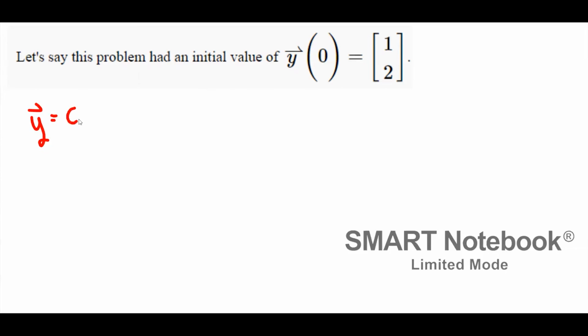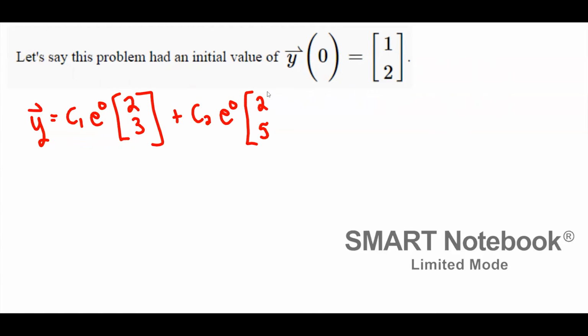So I have C1 e to the 0 times 2, 3 plus C2 e to the 0, right, because 3 times 0 is 0 and -1 times 0 is 0. And then times 2, 5. And I'm going to set this equal to 1, 2.